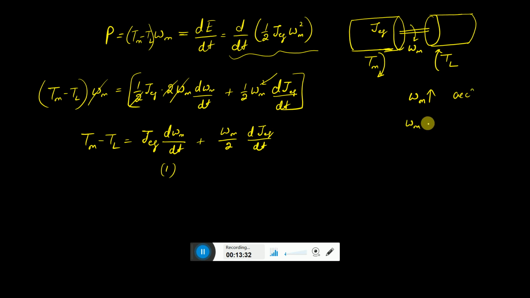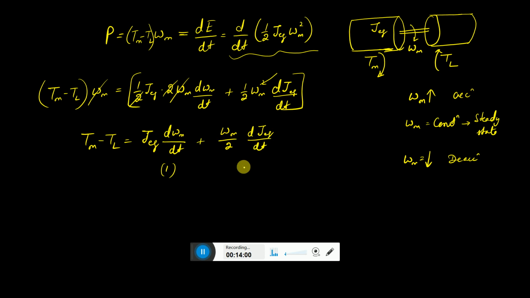If omega m is constant, we can say it is steady state. If omega m is decreasing, it means deceleration. If it is constant, then this term will be 0. For the sake of discussion, let us say this is increasing or decreasing. Let us keep it like this.